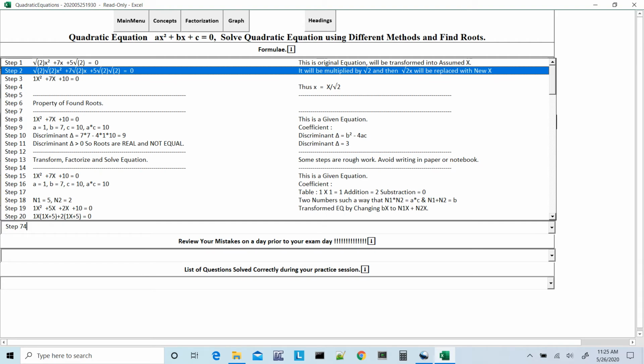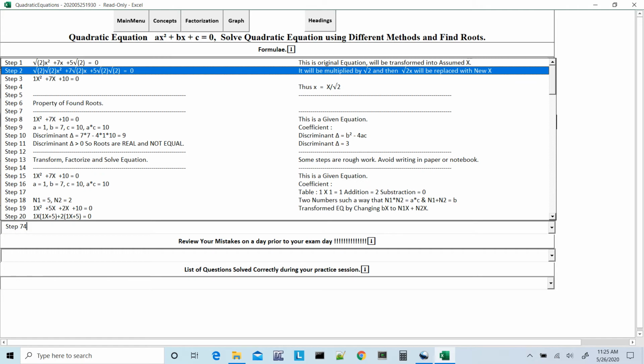So what you have to do here is, let us assume that capital X is equal to square root of 2 into x. Look at the right hand side in step number 2. Or you can say you assumed that x is equal to X upon square root of 2, or x is equal to X square root of 2.